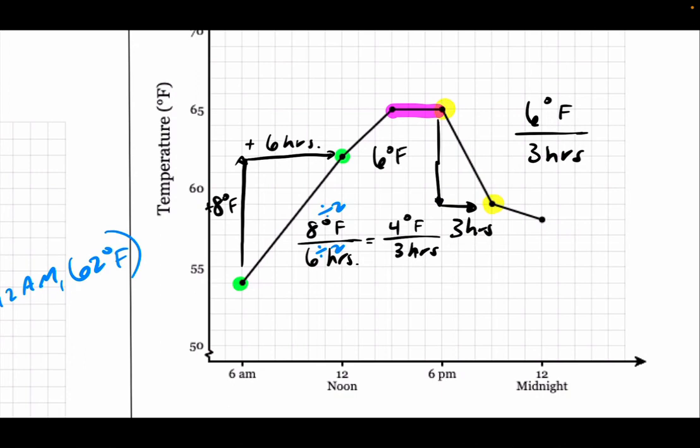Can I divide that? Does 3 go into 6 evenly? Yeah, you can divide them both by 3 as well. So the top is going to be 2 degrees Fahrenheit. The bottom is going to be 1 hour because 3 divided by 3 makes 1. So it decreased 2 degrees every 1 hour.